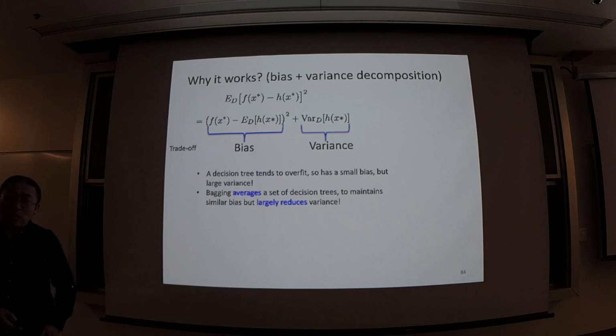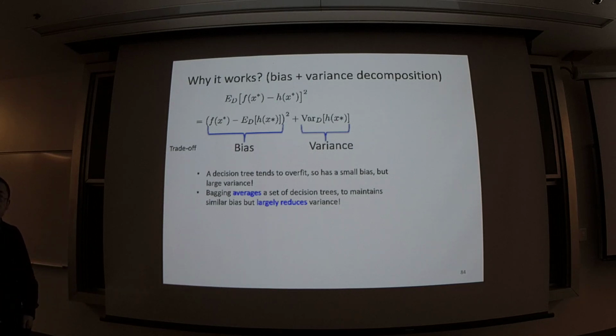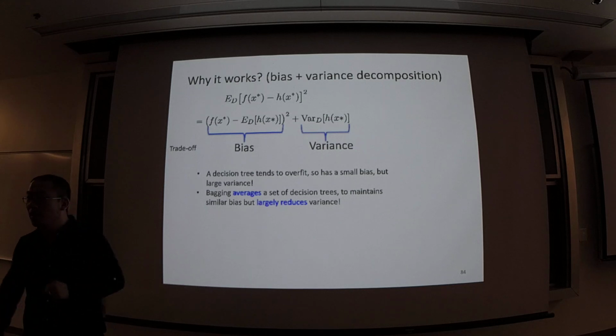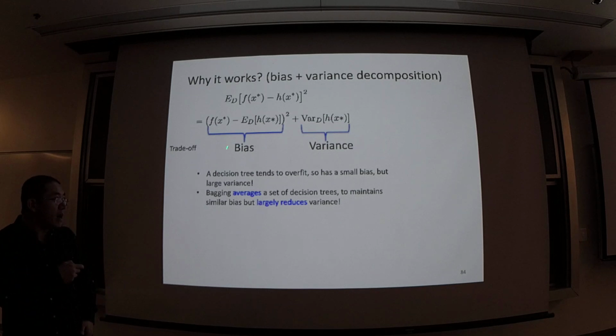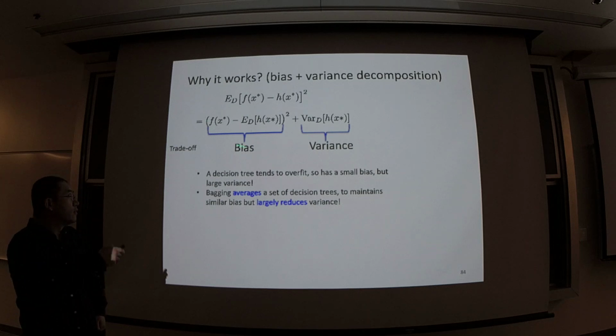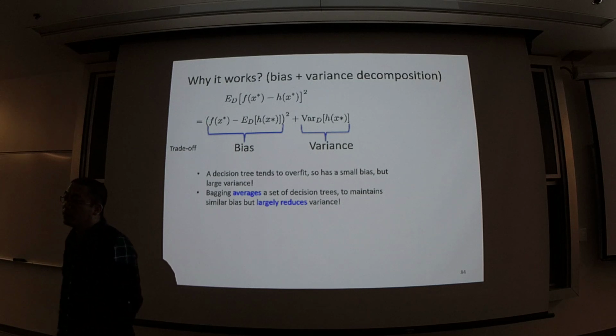So if we take the average of a set of trees, the bias doesn't change, because the expectation of an average of random variables does not change. But the variance reduces a lot. That means I keep the bias term but reduce the variance term, so the overall square error is decreased.